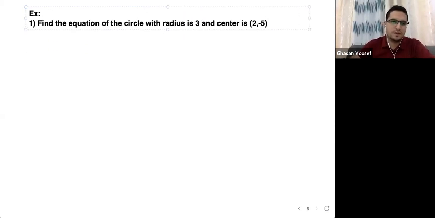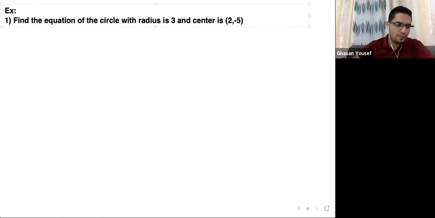This is the first part of this example. The second part I will do after we solve this one.